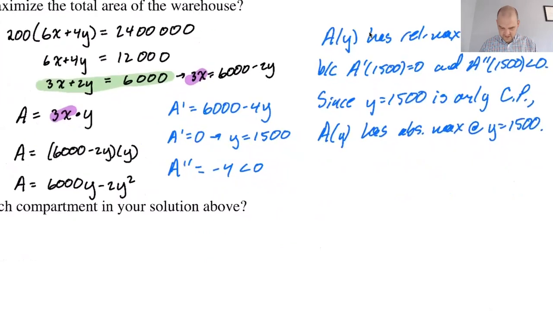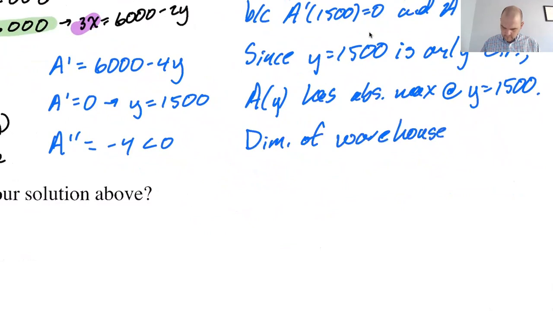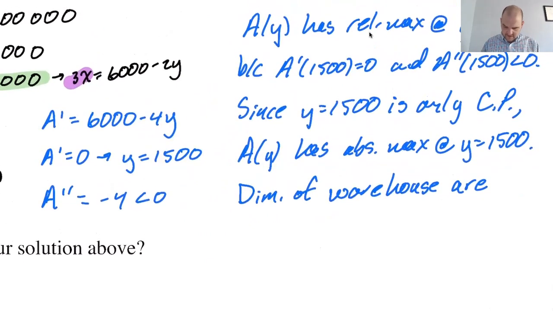So the dimensions of the warehouse are, all right, if I take 1,500 and sub it in here, I'm going to get 6,000 minus 3,000 is 3,000, and then divided by 3 is 1,000.